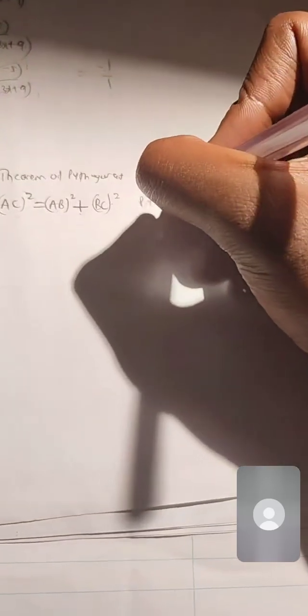Sum means plus, yes? Yes, sir. The sum of the square of the other two sides. So what is the other side? AB. The square of AB plus the square of the other, BC. The square of the hypotenuse side is equal to the sum of the square of the other two sides. That's what the theorem of Pythagoras says.